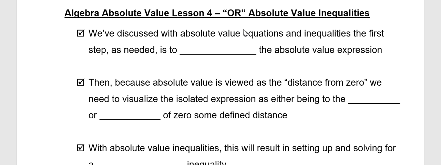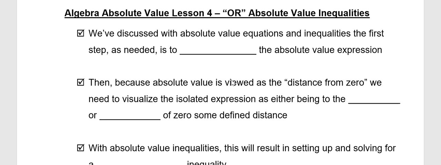What we're going to be establishing when we break things into the two parts is a compound inequality, and we're therefore going to be establishing our boundaries. With an "and" inequality, those boundaries are essentially the endpoints, whether open or closed, of a line segment that we're going to graph.